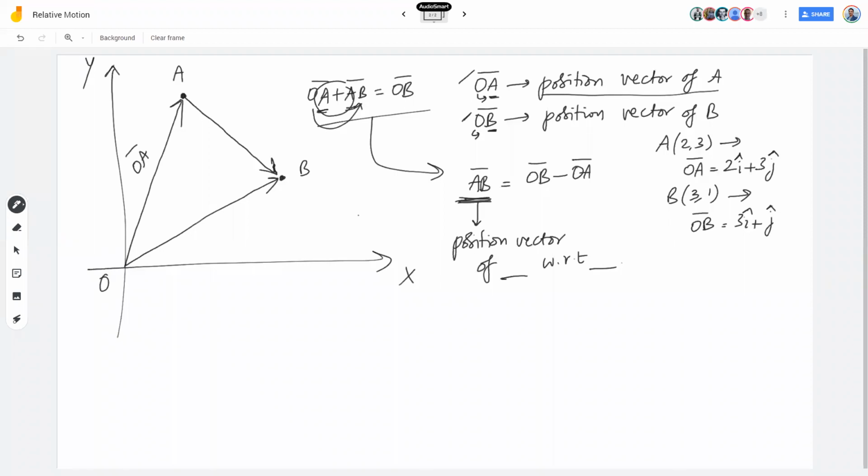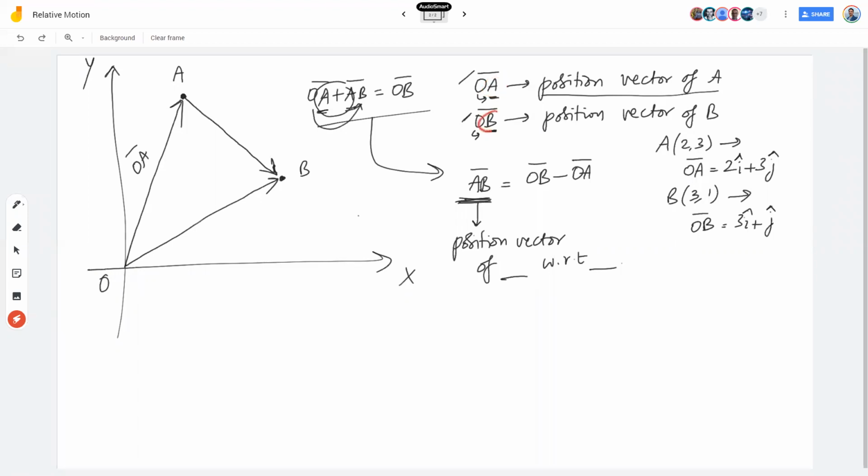Kaushik, keep listening, I'm repeating. A to B. See, I have written position vector of what with respect to what. If I say OA bar, I am specifying the position of A. If I say OB bar, I am trying to specify the position of B. This is the subject of the vector.